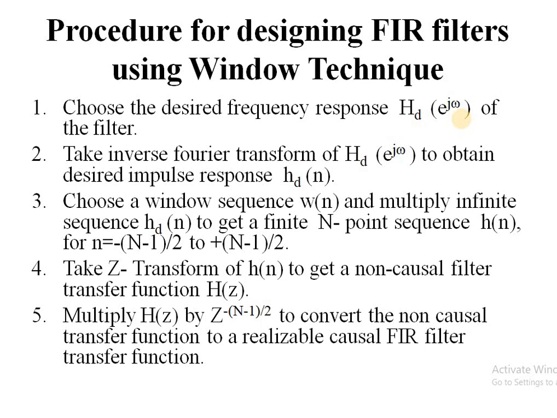And once we already know the windowing sequence given in the problem, just choose the desired windowing sequence w of n defined between n equal to minus (N minus 1) by 2 to plus (N minus 1) by 2, and multiply this infinite sequence HD of n to get a finite duration impulse response h of n.